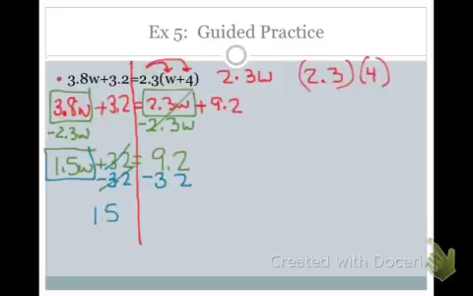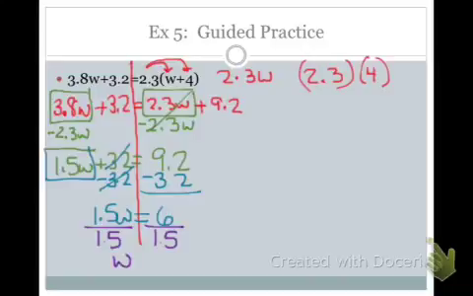So we have 1.5w equals, and again we're subtracting our decimals, so we actually get here 6. You can keep it as 6.0 if you want. That is a choice that you make. Last step, now that we have variable term on one side, constant term on the other, we're going to divide by the coefficient of the w, which is 1.5, and we end up here with 4 as our end answer.